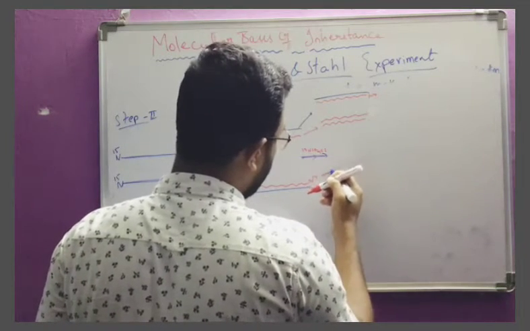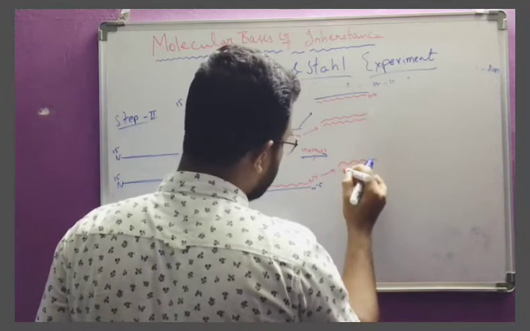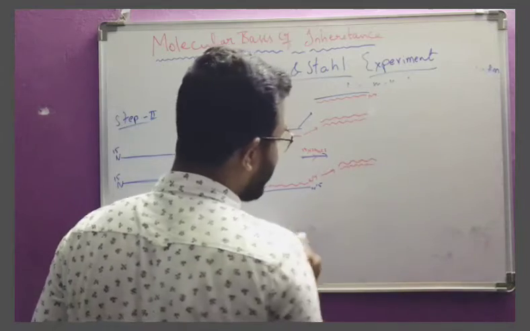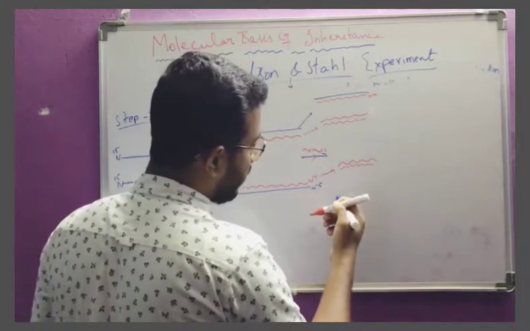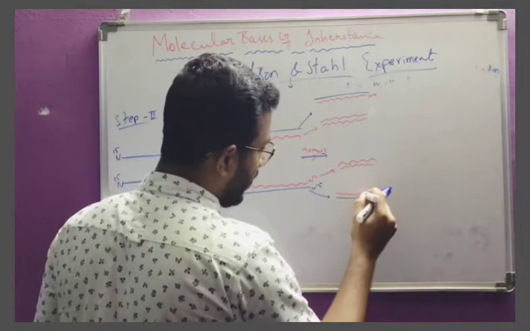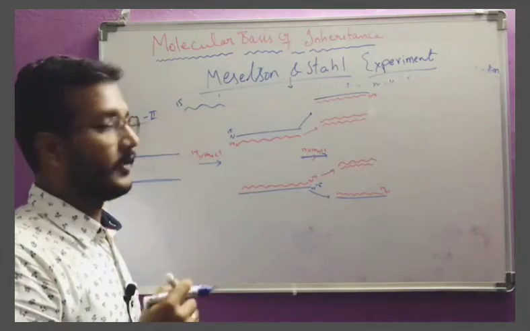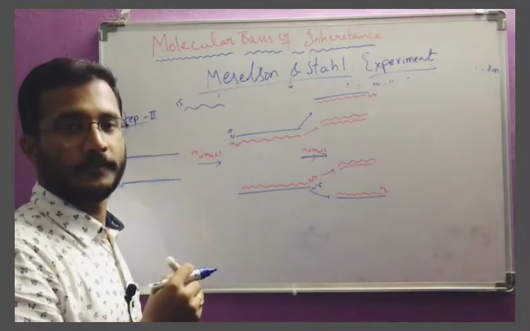And from this strand, already it is N14, so the new molecule will also be N14, and here N15, this one, and the new molecule is N14 because it is already present in the NH4Cl N14.